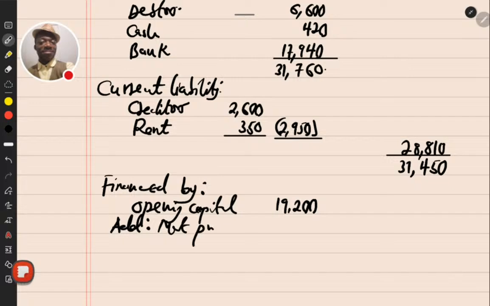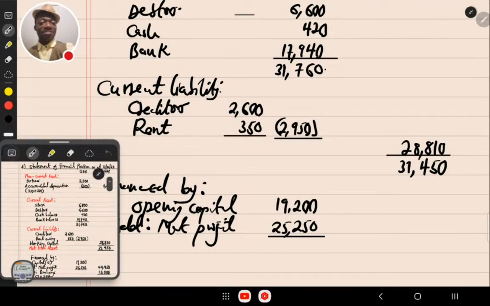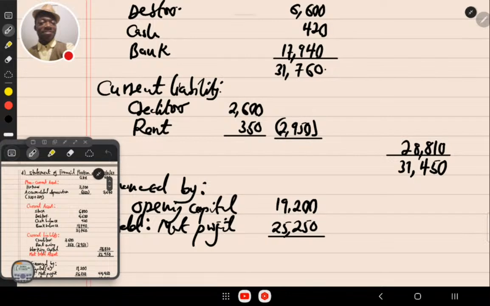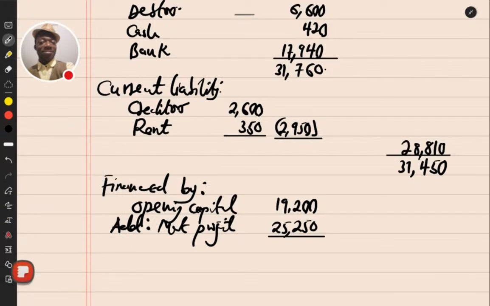So what was our net profit? We had 25,250. So we added to, what are we getting? With my case, I think I had 450.